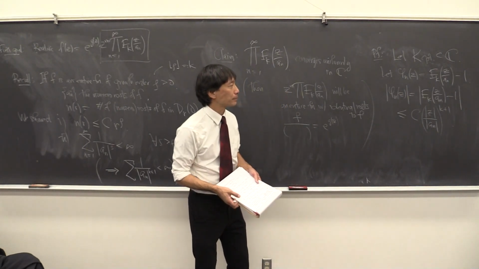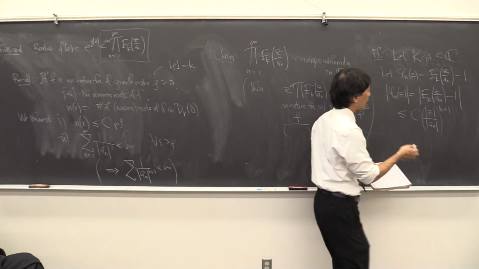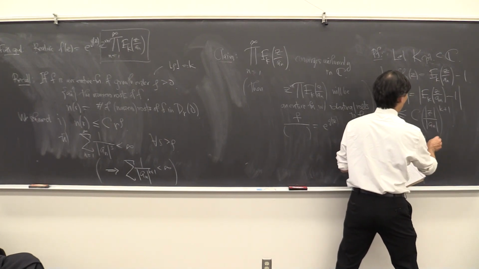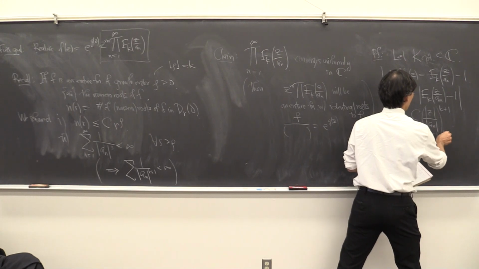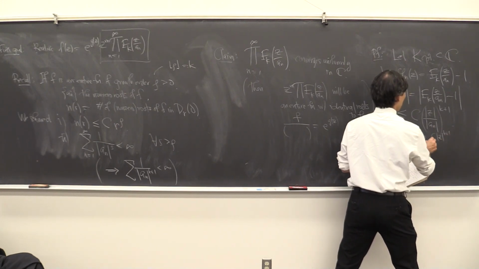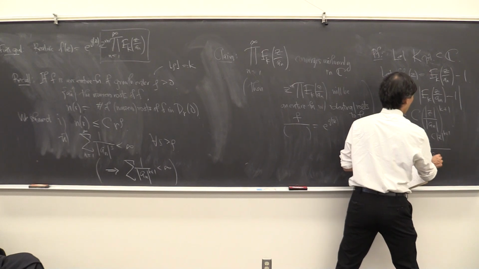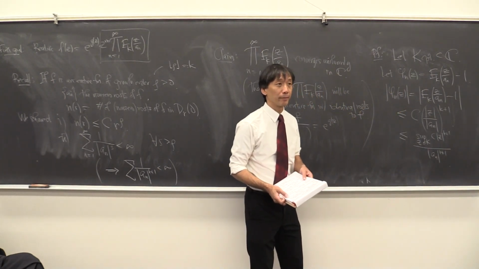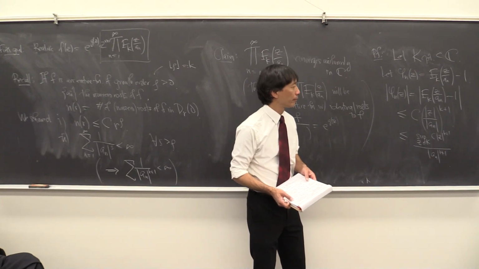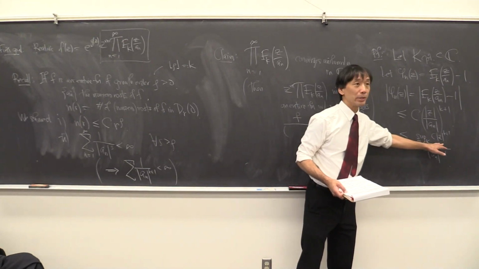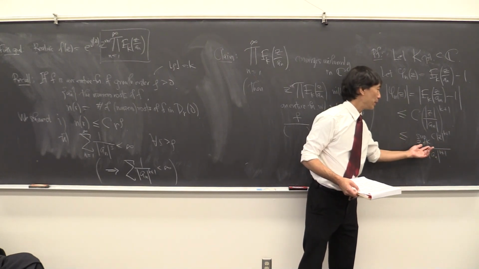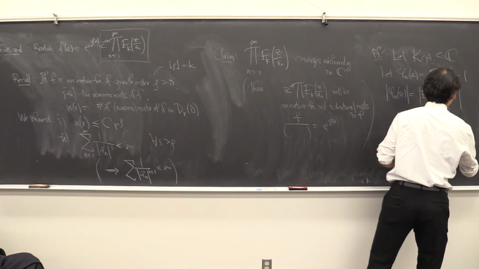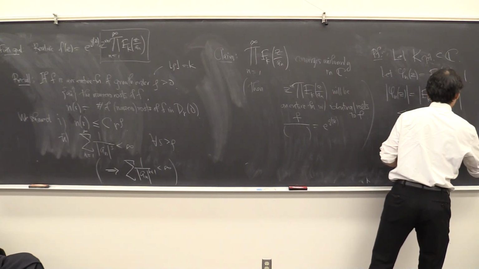But K is compact, so we know that this thing is controlled by the supremum of C z to the K plus 1 as z ranges over K, everything over A sub n to the K plus 1. This number is finite because K is compact, and so we're going to call that our M sub n.